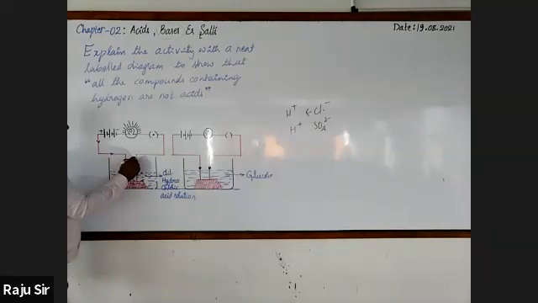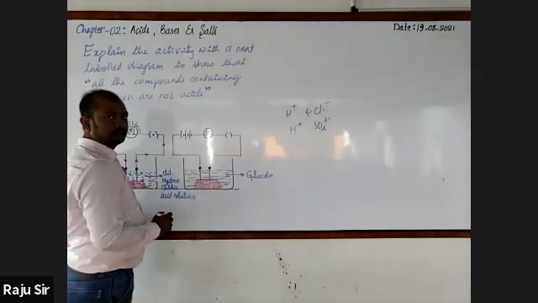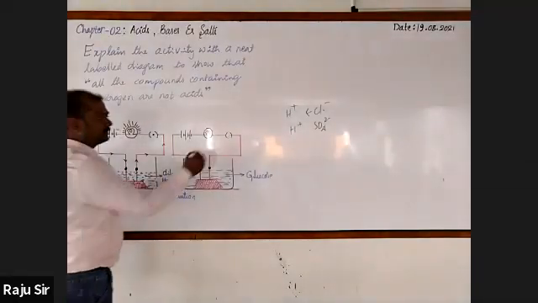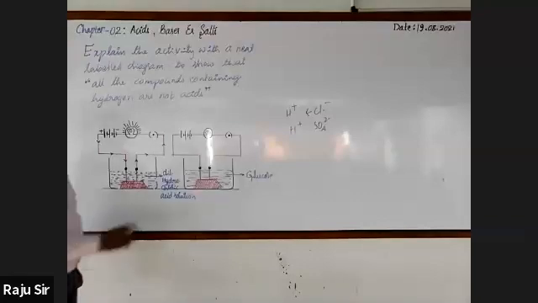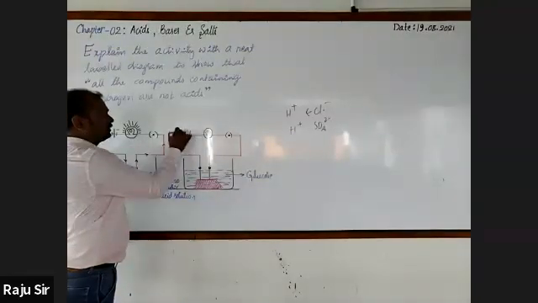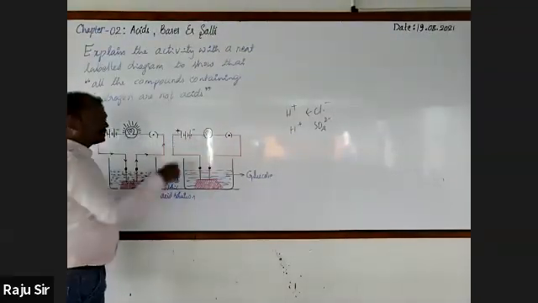Current is flowing from positive terminal to negative. Next, in the second case, here also switch on. No glow of bulb. The current does not flow from positive to negative.